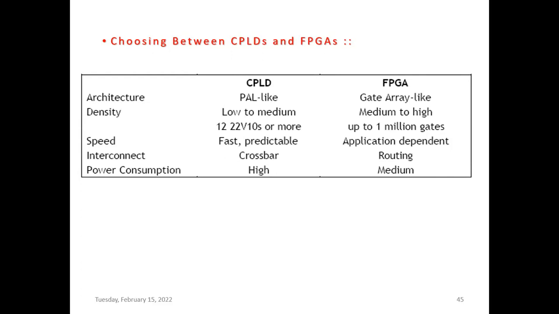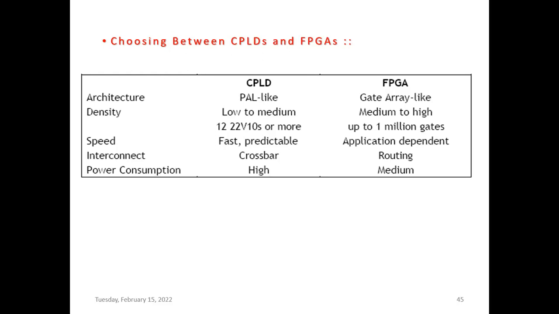If we consider speed, the CPLD is less complex, so it is first predictable. In case of FPGA, it is application dependent. For interconnect, FPGAs follow the routing rules.